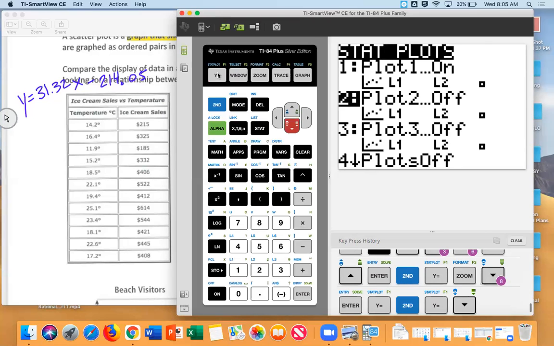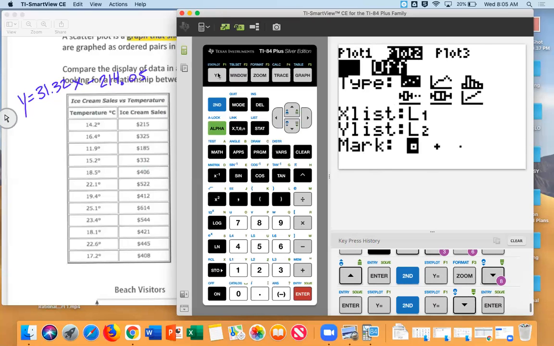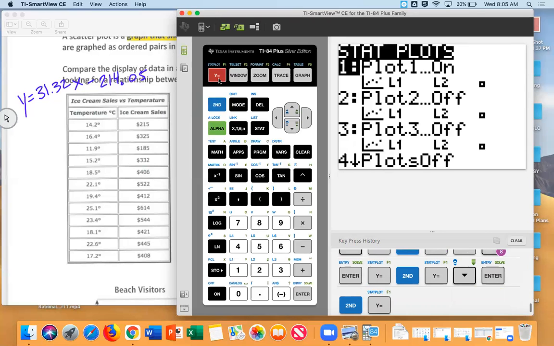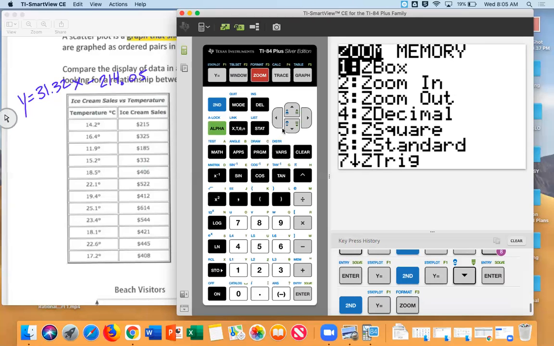If it's off, like this, I just hit enter on it and I turn it from off to on. So to get to that screen, we go second, y equals, we click enter. All right, we turned on plot 1 in the y equals. So that's why we're dealing with plot 1 here. Make sure that's on. Then we're going to go to zoom down to number 9.